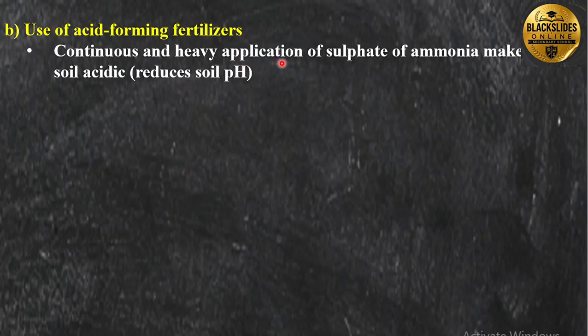In other words, what the sulfate of ammonia will do is to add large amounts of hydrogen ions to the soil, reducing the pH and increasing the acidity. Another factor that determines soil pH is microbial activity, the activity of microorganisms such as bacteria, fungi, and others found in the soil.